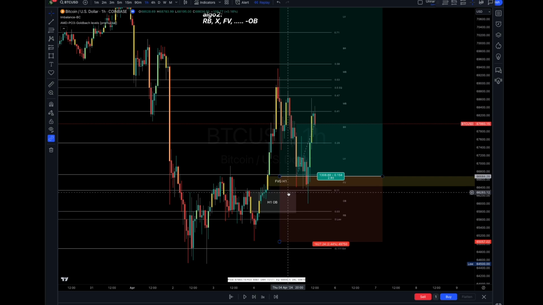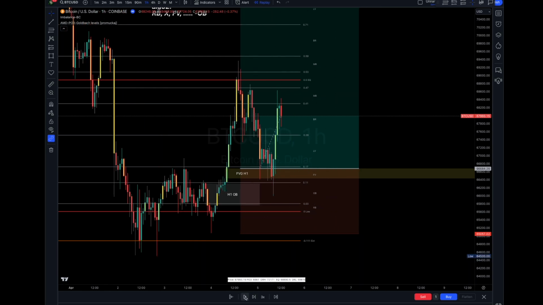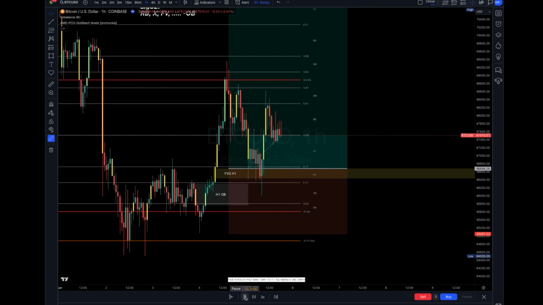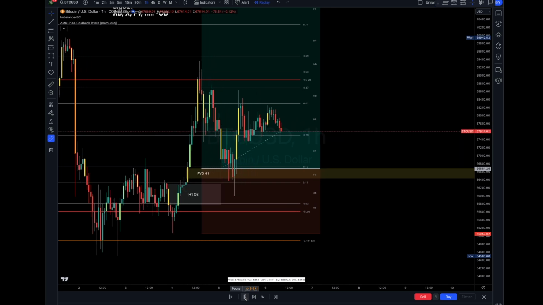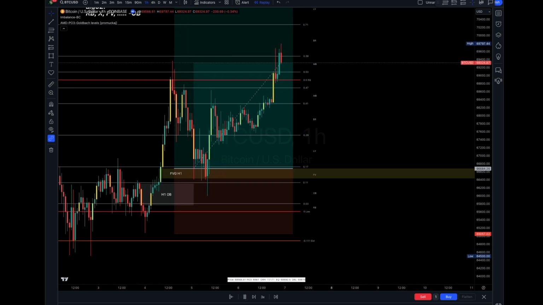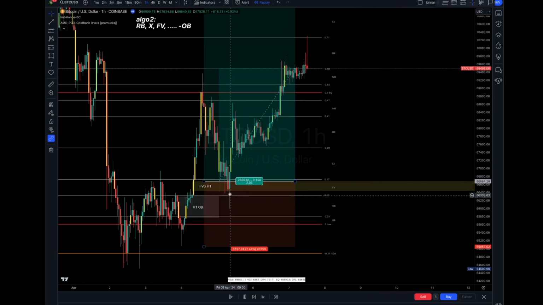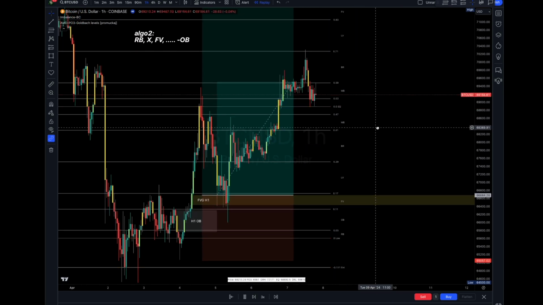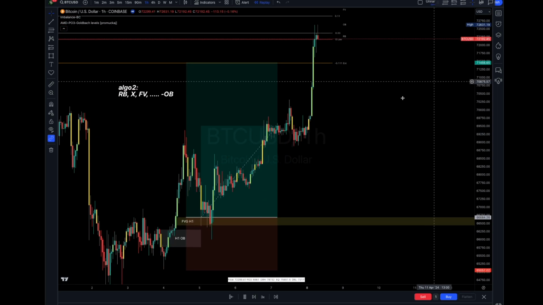Ignore the wicks. Do you see how they stay within the fair value level right here? There we go. Now we take off past equilibrium. So we bought in a discount and we are going to sell in a premium. There we go. TP.